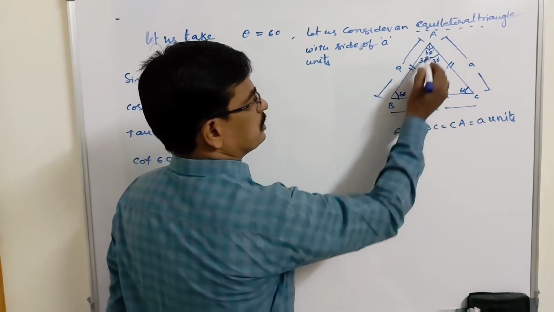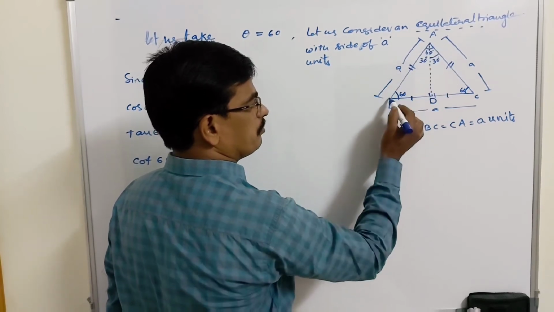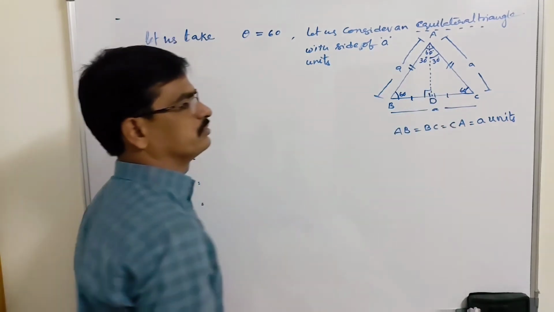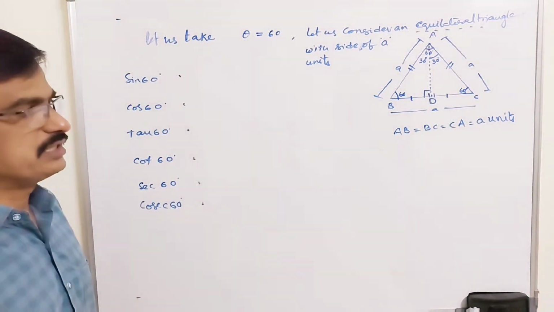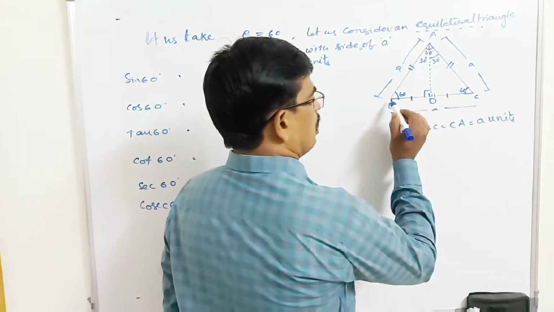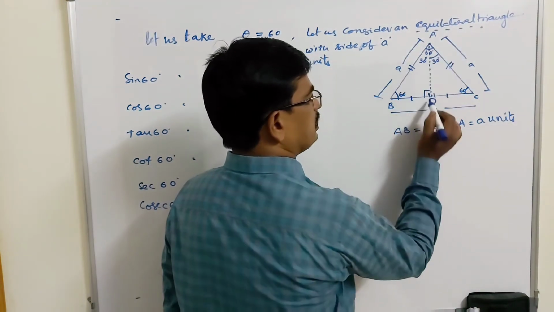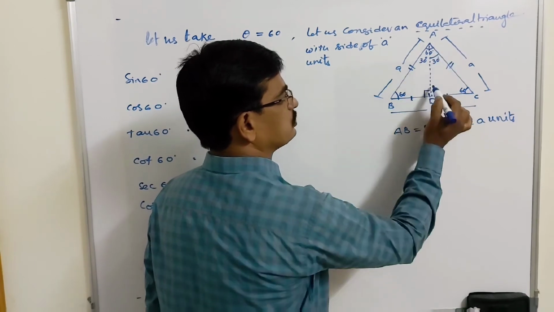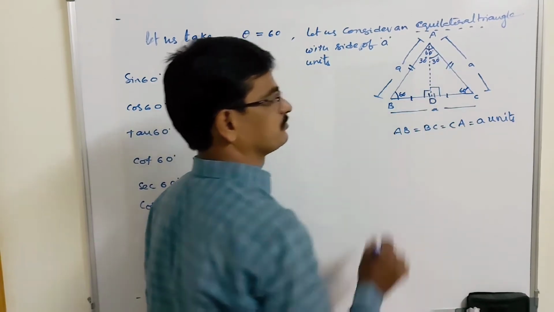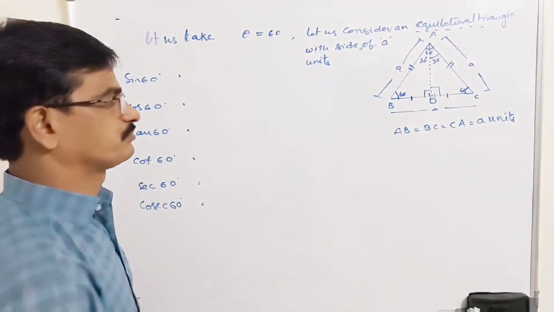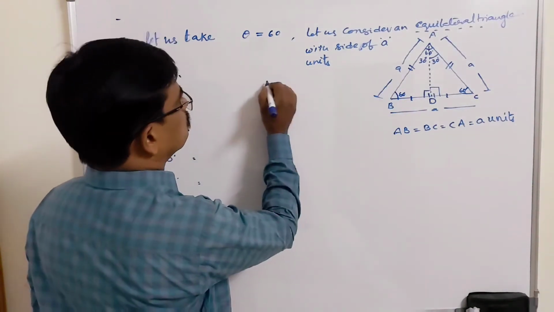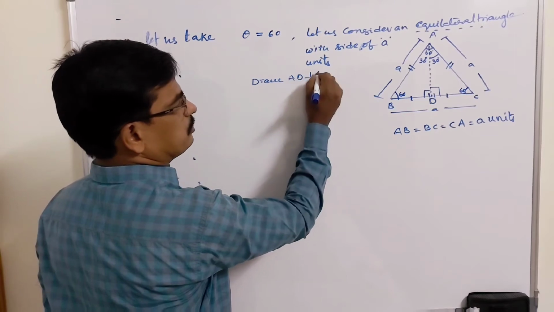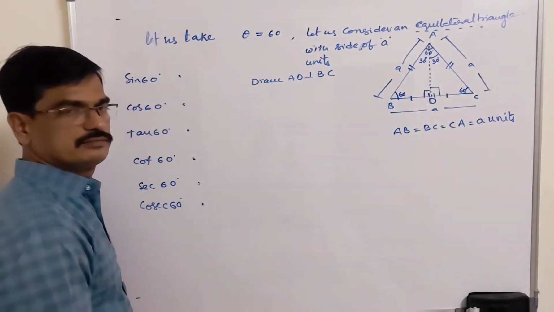Now if you consider triangle ABD, since AD is perpendicular to BC, angle BDA is 90 degrees, angle CDA is also 90 degrees. Okay. Draw AD perpendicular to BC.